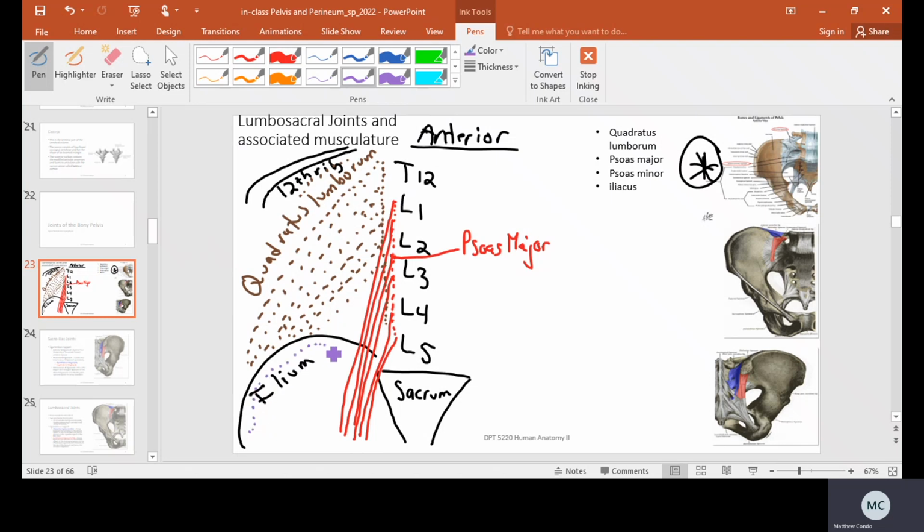This other muscle that comes off of the iliac fossa is my iliacus.